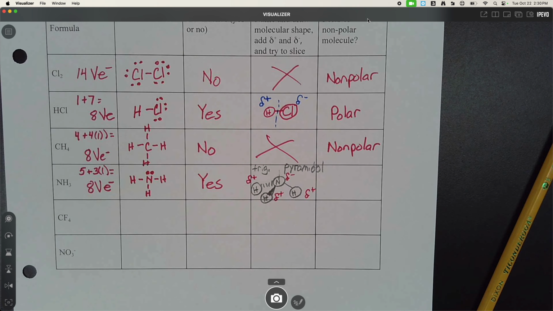So let's build ourselves a model. Nitrogen is blue, and I want you to build this with the longer stick bonds. So some of these bonds are a little longer than others. Just to exaggerate the size, use the big bonds to build your NH3.